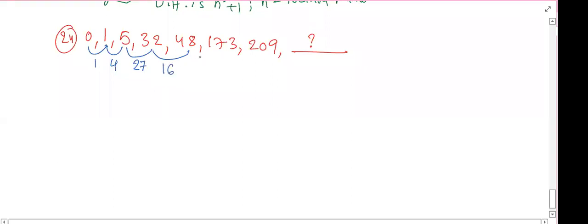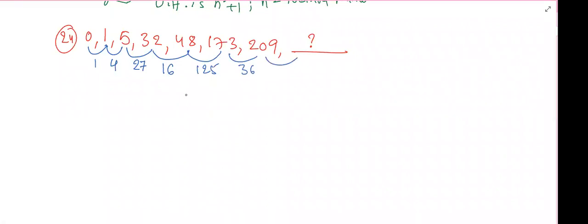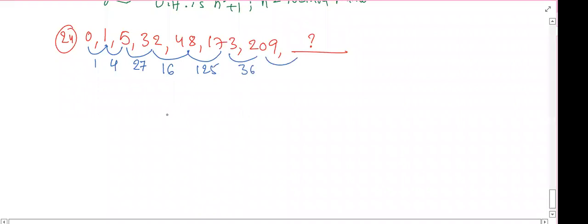Any pattern or any observation? No, sir, nothing yet. Next difference is 125. Next difference is 36. Any observation? No, sir. I think we have to go with the preliminary steps, sir.